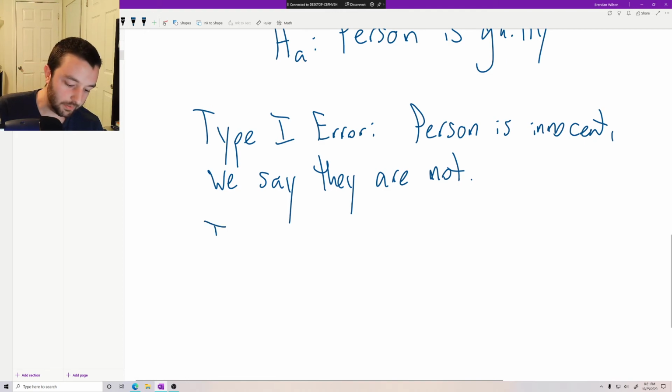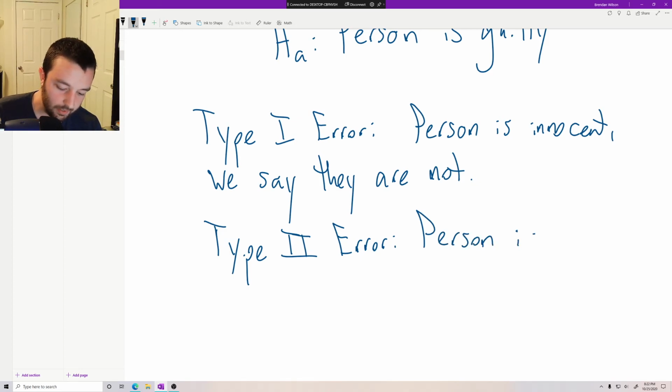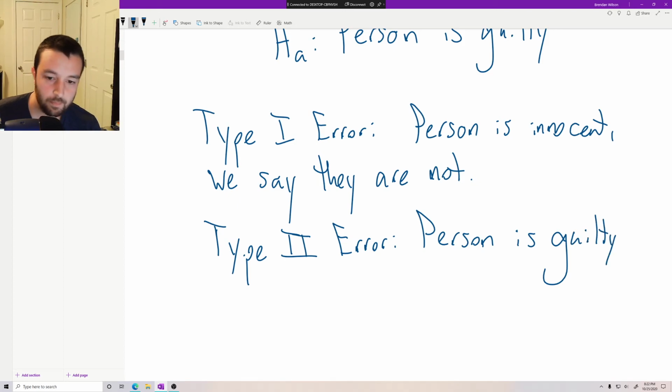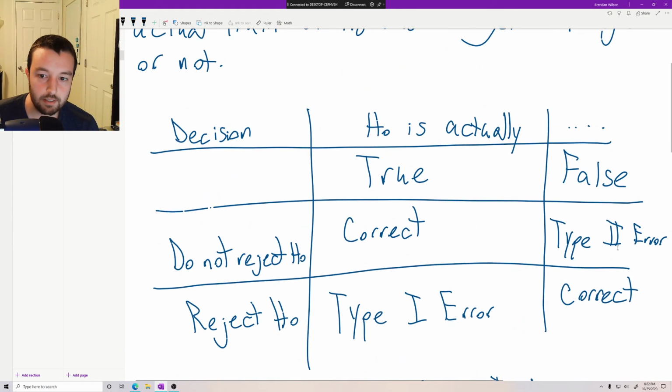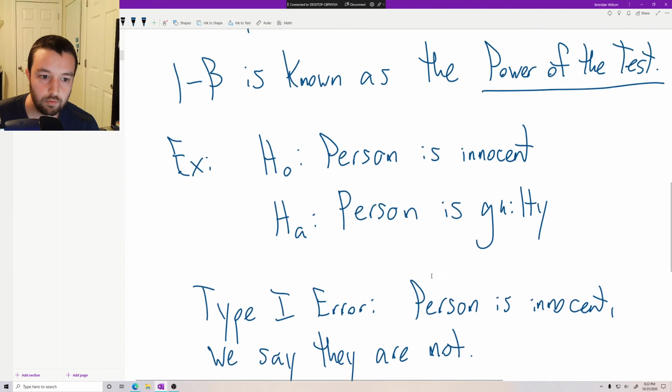A type 2 error, then, this would be that a person is guilty, right? Because it's saying that H naught is false, right?